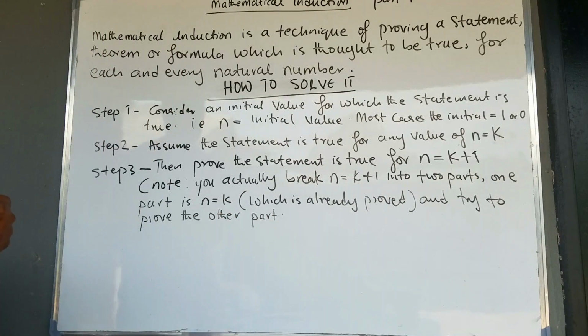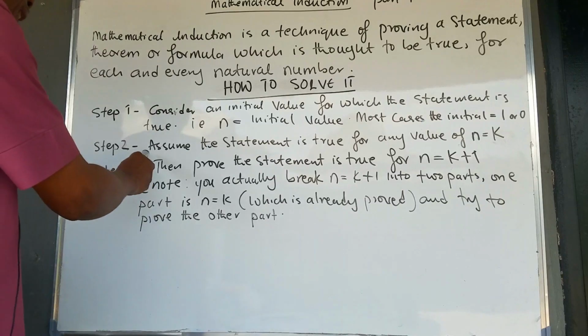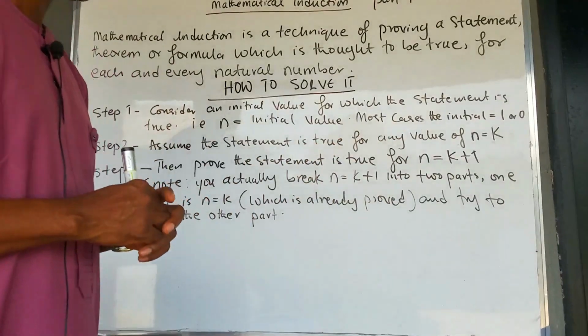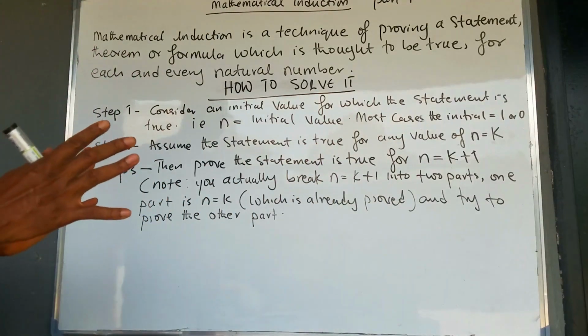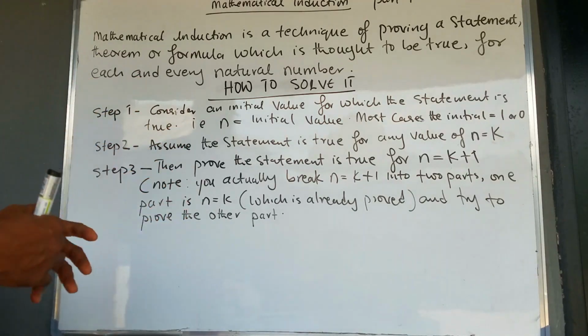Step 2, you should take note of it. You don't need to bother your head about it. It's an assumption. Assume the statement is true for any value of n equal to k. This k can be any positive integer like 1, 2, 3, 4, and so on.